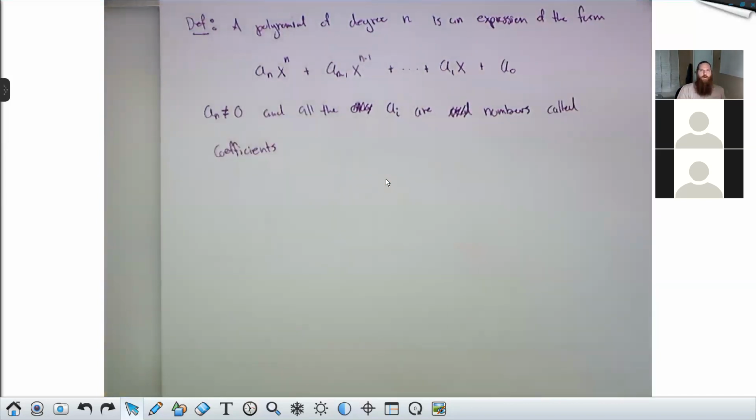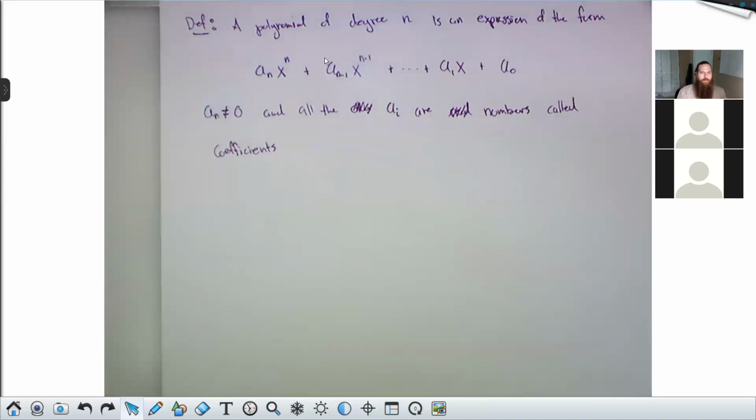Coefficient is just the name for the number that multiplies a power of x in the polynomial. The degree is the largest power of x that shows up anywhere in the polynomial. And the reason we say a_n is not 0 is because if a_n was 0, then this term wouldn't really be here.